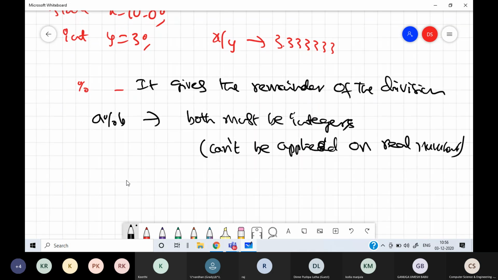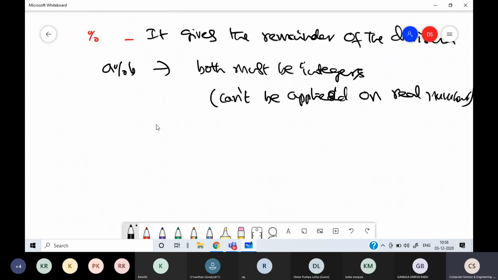So both operands of the percentage symbol must be integers, because we cannot apply the modulus operation on real numbers. For example, 7 percentage 2 becomes 1. Now if I take 35 percentage 6, I get 5, because the remainder of the division is 5. So this is how the modulus operation is performed.